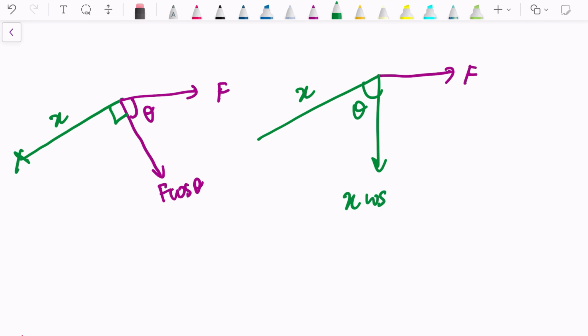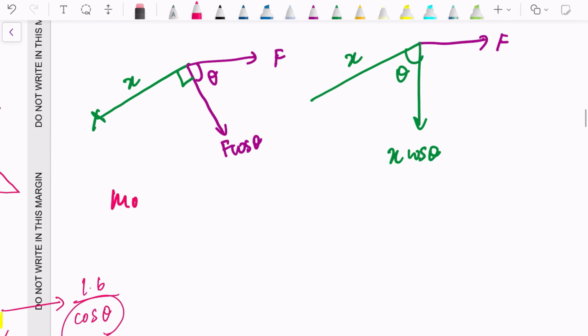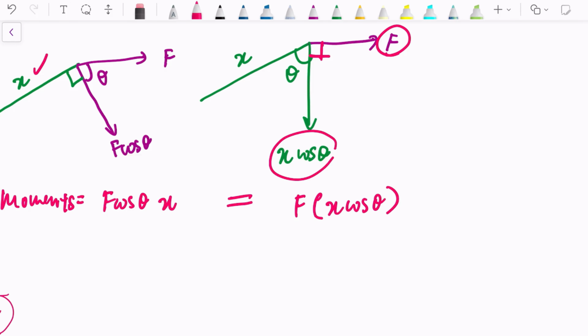These two ways will yield the same answer, because when you find your moments, for the first it gives F cos theta multiplied by x, the perpendicular distance. Here it is F multiplied by x cos theta. Both are the same thing: F multiplied by the perpendicular distance.